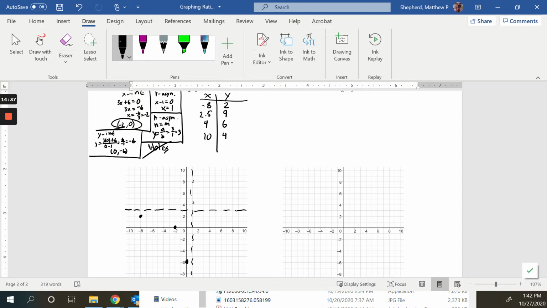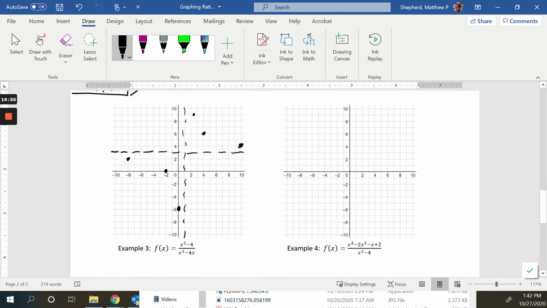At 2.5, we would be all the way up at 9. At 4, we would be up at 6. And at 10, we would be at 4.